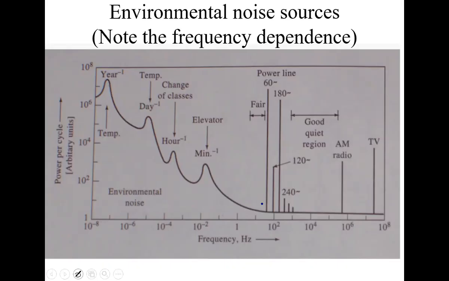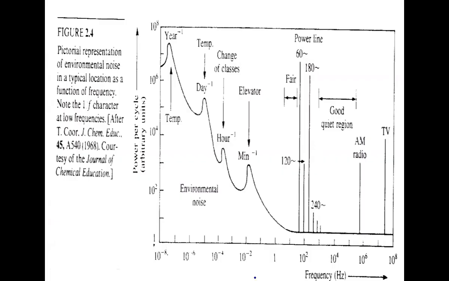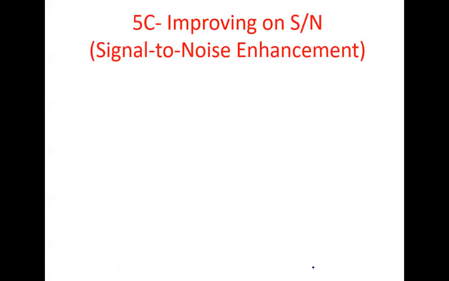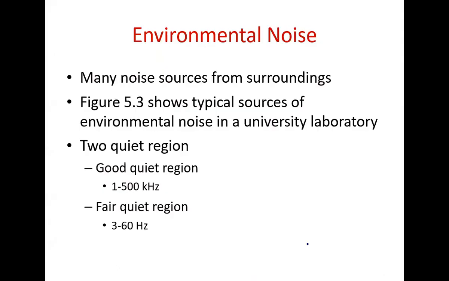That should emphasize what we are talking about in environmental noise. I've given examples of instruments being placed at very low ground so that you don't have these drifts or the conductors, the circuits, picking up the noise. That's why we ground them. The same thing here. Stepping back to quiet regions, a good quiet region is 1 to 500 kilohertz, and a fair quiet region is between 3 and 60 hertz.